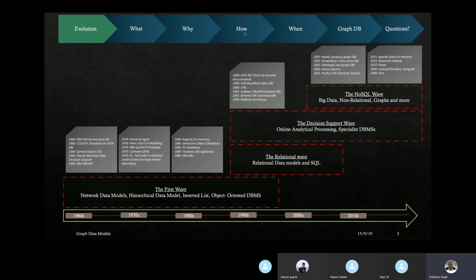So in this wave, Neo4j came in 2007. Okay, MarkLogic in 2003, and Sesame, the first Aduna Sesame, the first RDF database, came about in 2002. And now we are seeing Apache Spark, Hadoop, HBase, all those things came up quite later.